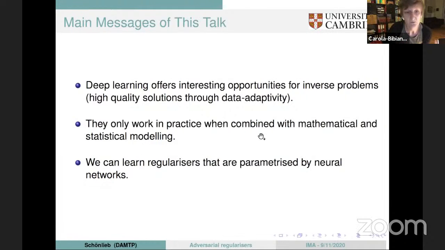So what we need is a combination of using deep learning together with mathematical and statistical modeling.